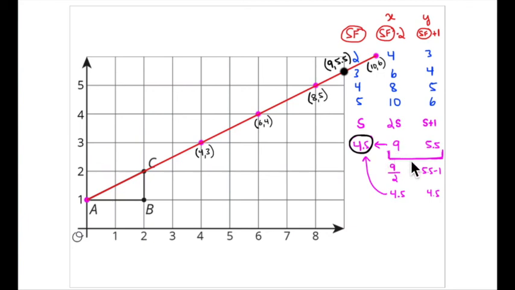So if they give you the coordinates, how do you figure out what the scale factor is? How do you go backwards? Well, every time we've multiplied the scale factor times these 2 units. So to get the scale factor from the x-coordinate, you just divide by 2. 9 divided by 2 is 4.5. And if you use the y-coordinate, you still have to get the same scale factor. They are both multiplied by the same scale factor. And so that is the scale factor.